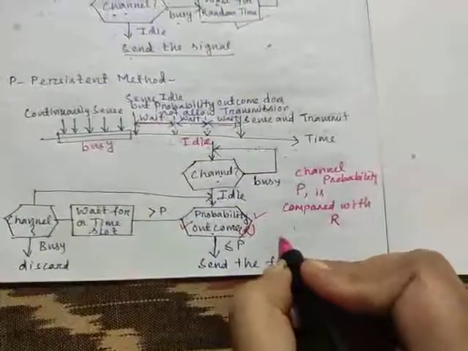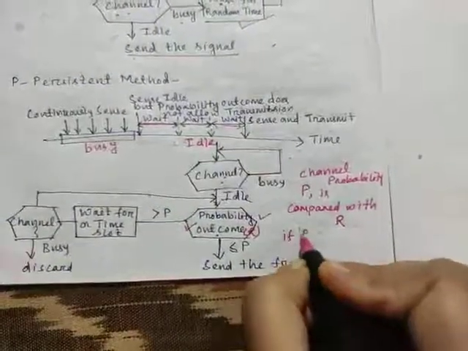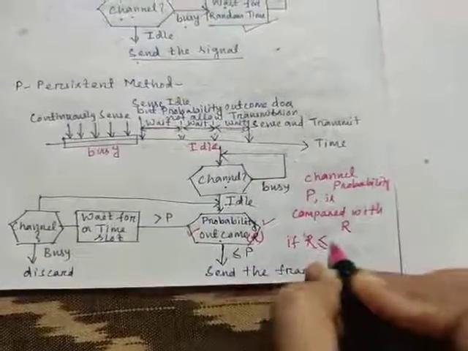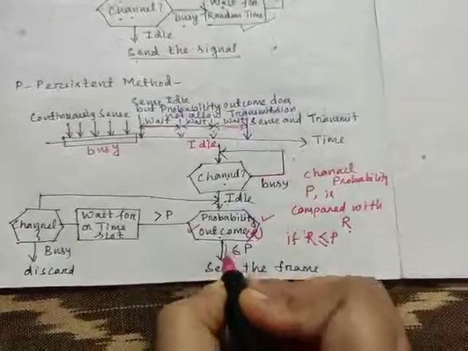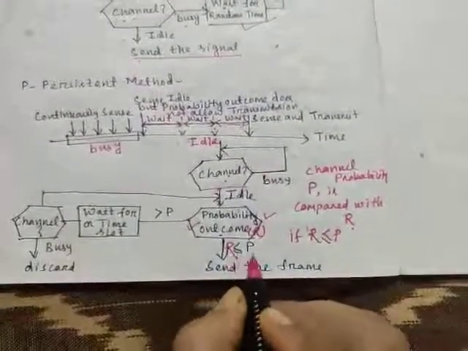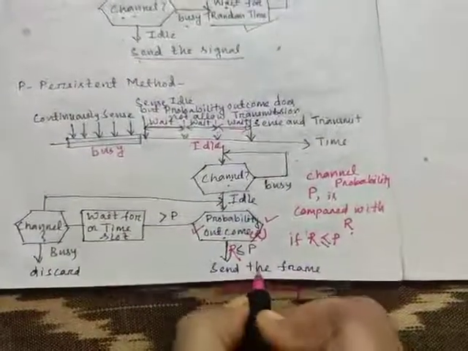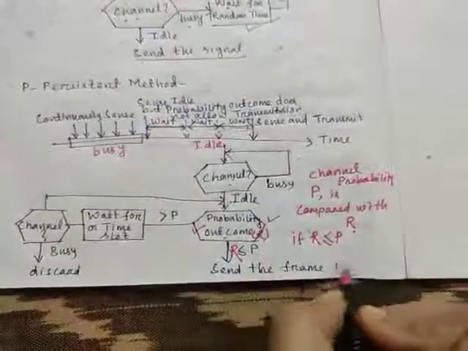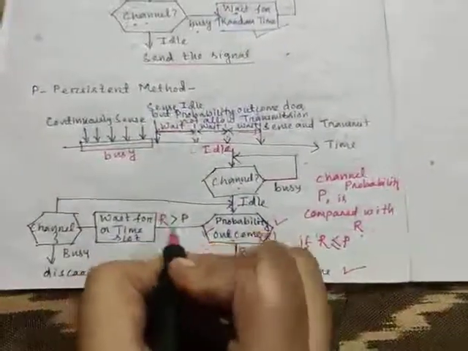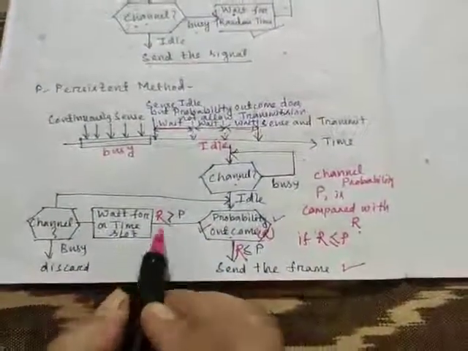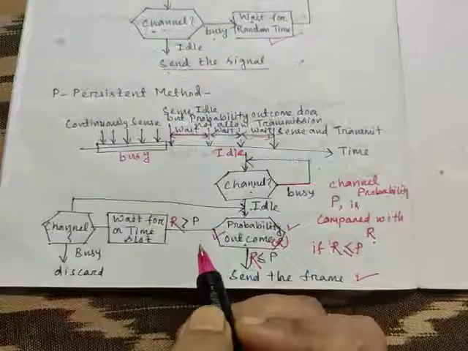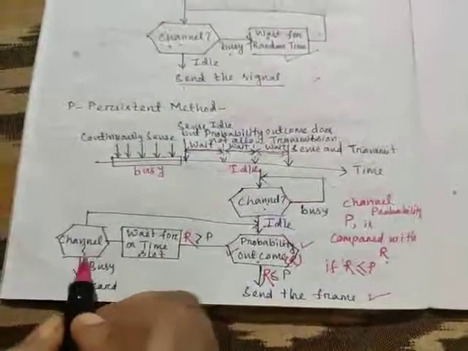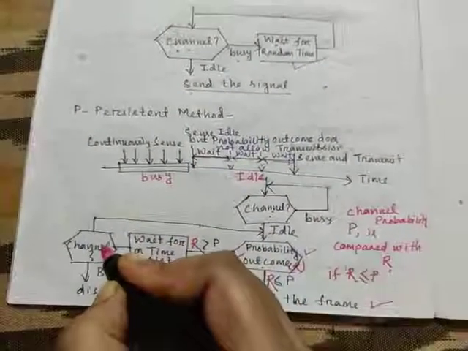Then if R is less than or equal to P, transmission occurs. If R is less than or equal to P, then the station sends the frame. If R is greater than P, then it waits for a time slot, and again the station senses the channel.